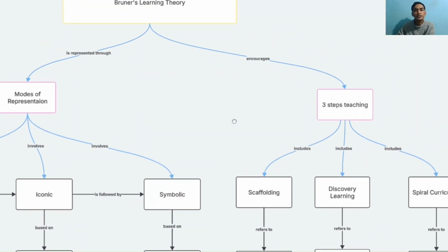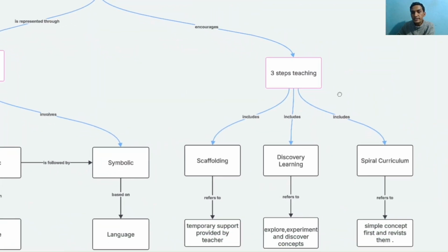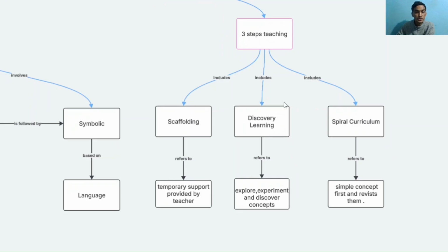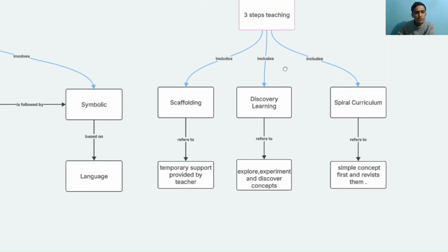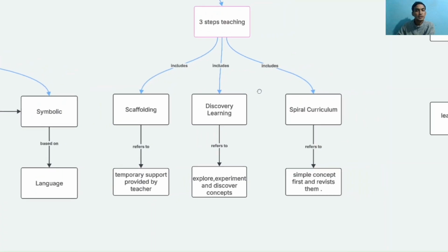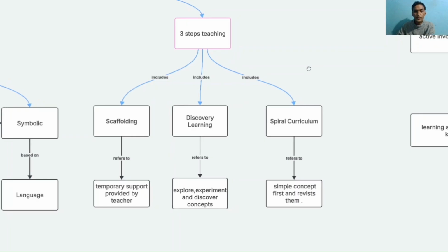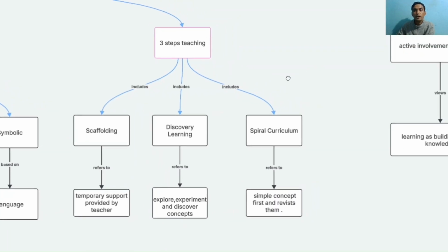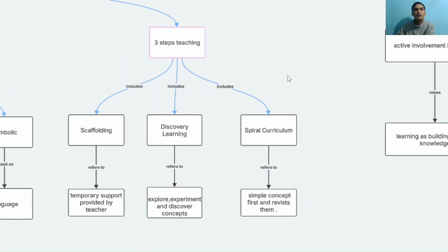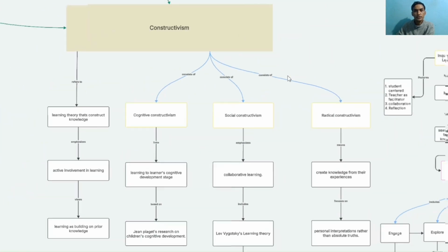Bruner's learning theory encourages three-step teaching, that includes scaffolding, which refers to temporary support provided by the teachers, discovery learning, which refers to exploring, experimenting, and discovering concepts, and finally spiral curriculum, which refers to teaching simple concepts first and revisiting them over and over again.